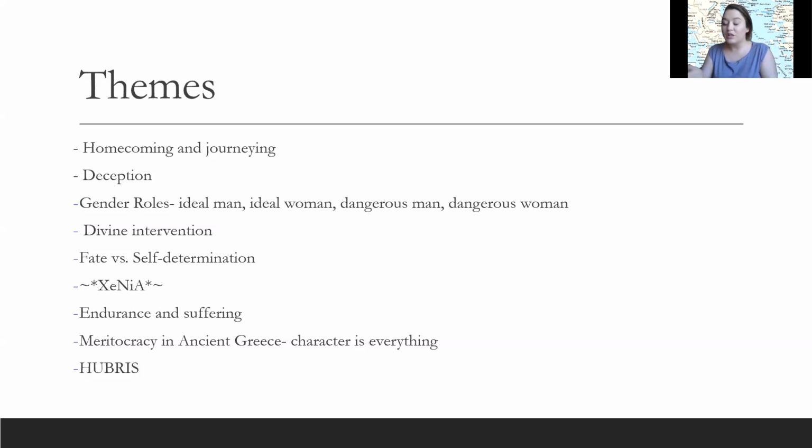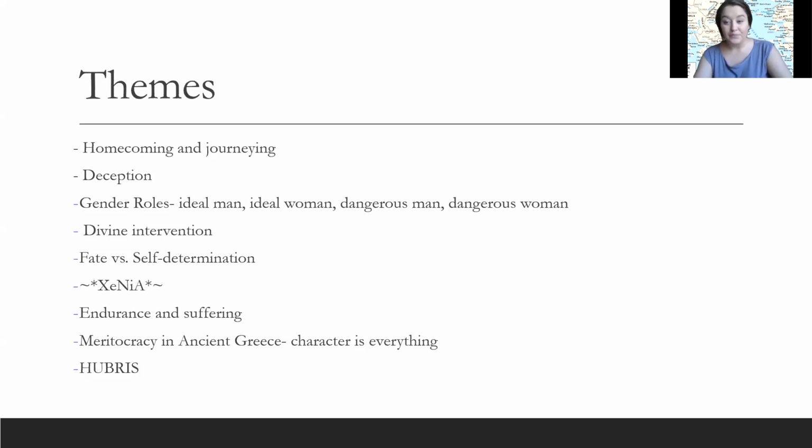It's a really welcoming kind of culture in which you come in contact with another tribe or another person, and you welcome them into your home, and you show them the quality of your character by being good to them and displaying Xenia, this hospitality.